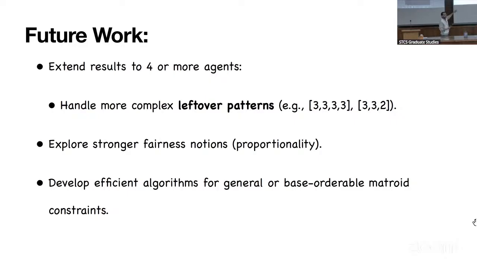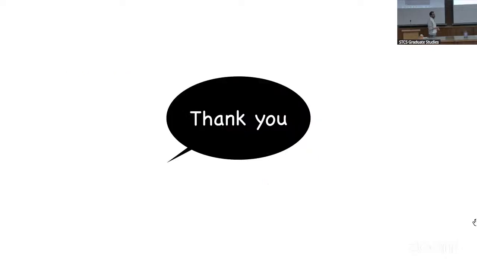This is for 4 agents. And for the cardinality constraint, it is for n agents. And we can explore different kinds of fairness notions, or we can talk about it. That's all. But if you want, I have these extra slides. If not, okay.